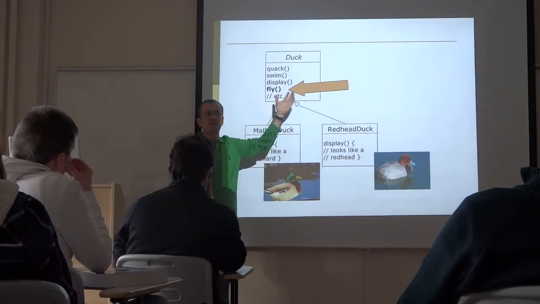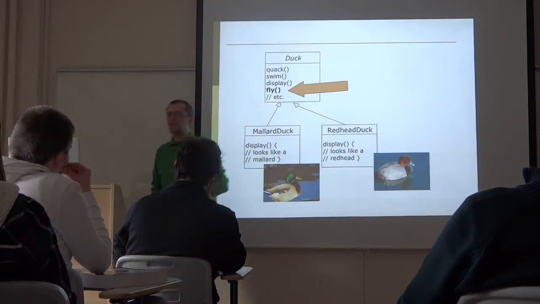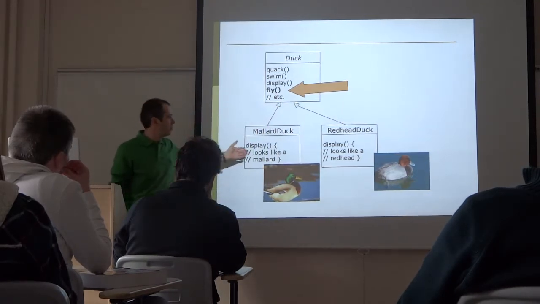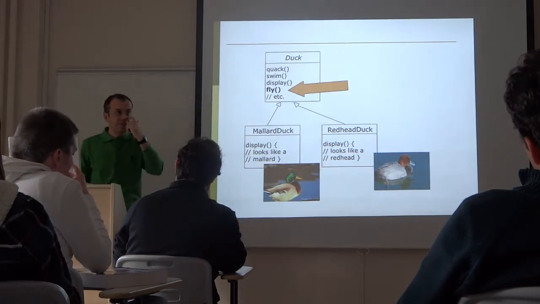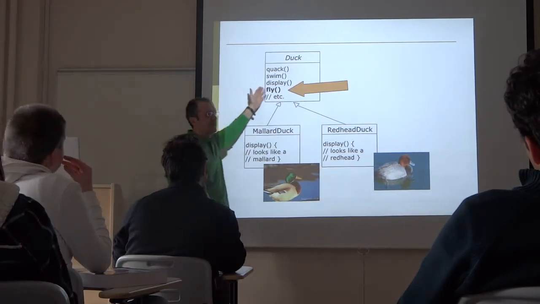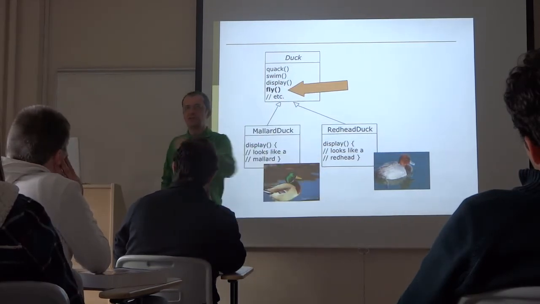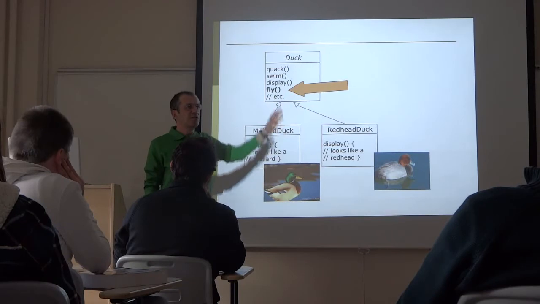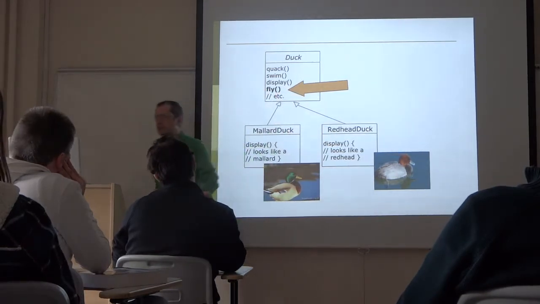If there is any element that I want to add, I add it to the super type, and then it is reflected in all the others. Of course, I have to implement them over here if they fly differently, or I can make this not an abstract class but a concrete class. And so all the things that this one is doing, I don't have to implement over here. So we got the picture, right?